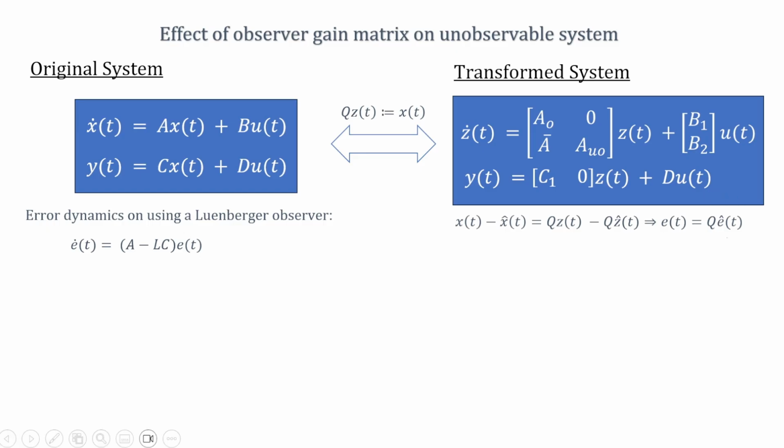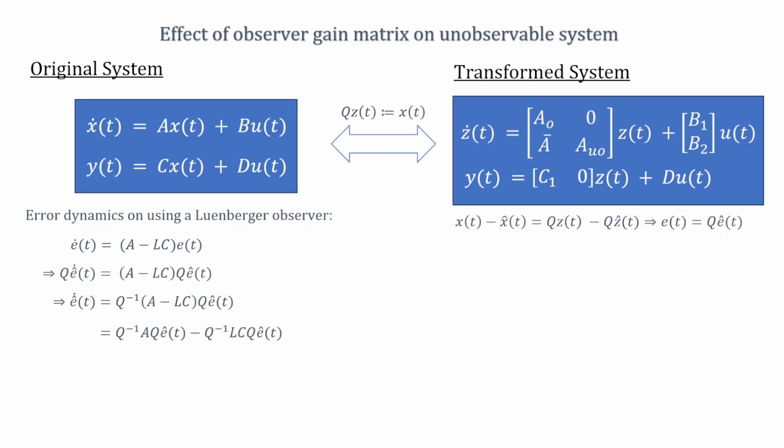Now I can plug this into the error dynamics equation, and I get something like this. I can take the Q to the right, so we have Q inverse of this expression, and then if I open the brackets, this is what I will get. I already know Q inverse of AQ; it is this canonical form, and Q inverse of LCQ will be of this form.